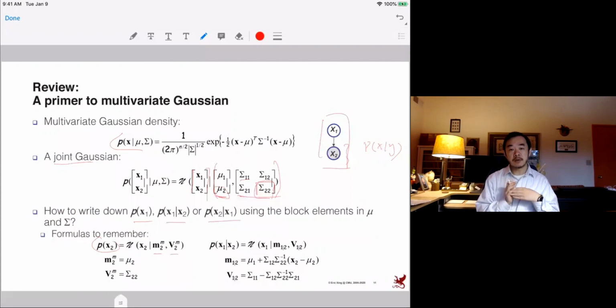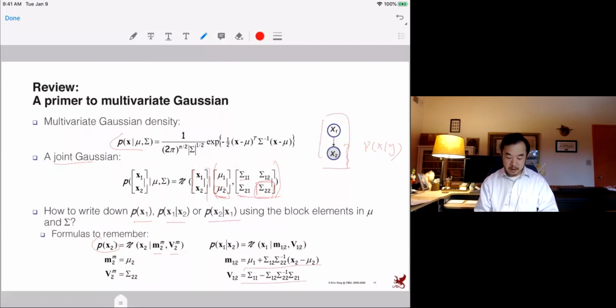Therefore, in order to determine the conditional of, say, x1 given x2, all you need to know is the mean of that conditional and the covariance of that conditional. Okay. This can be easily achieved by following some very mechanical rules of submatrix manipulation, which I'm not going to derive. It's algebraic, a little bit hairy to derive, but hopefully you can remember it.